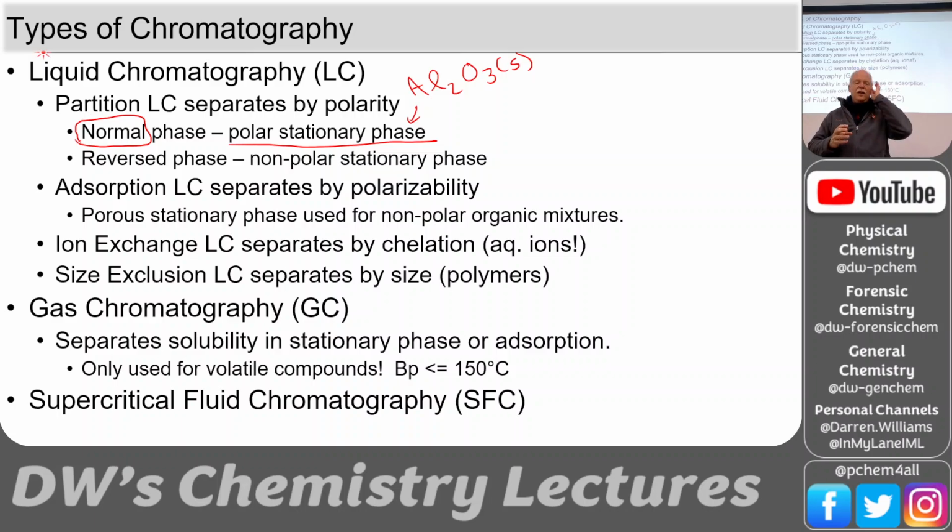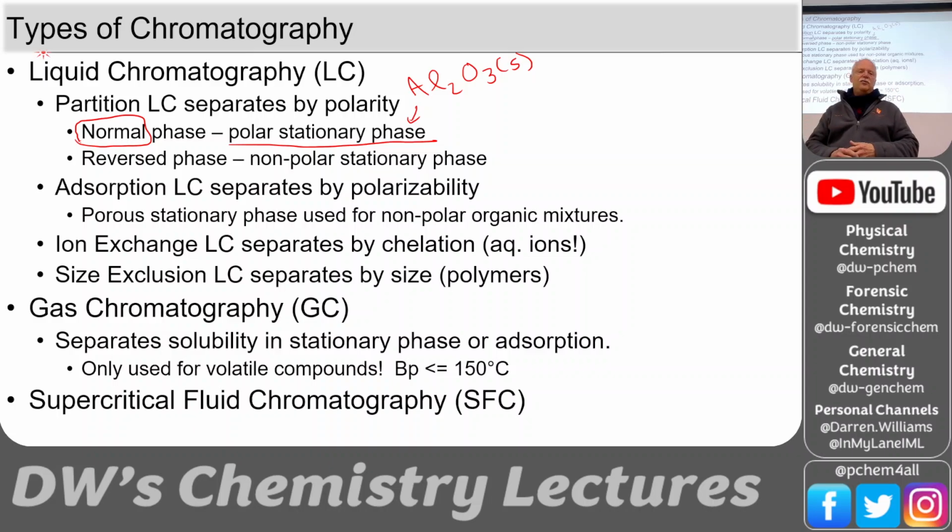We could also use other kinds of substances, maybe not aluminum oxide, but some other non-soluble thing like diatomaceous earth, the little bodies of these little sea creatures. Grind them up, stick them in a column, and gases may stick to those at different rates.